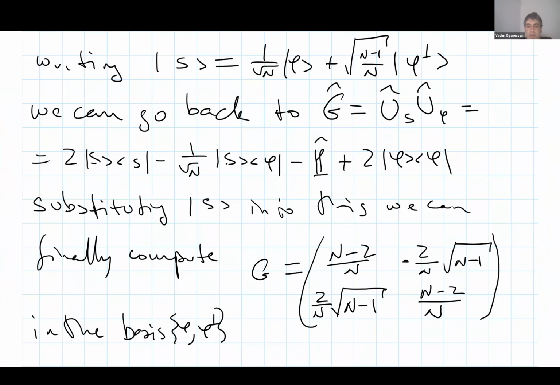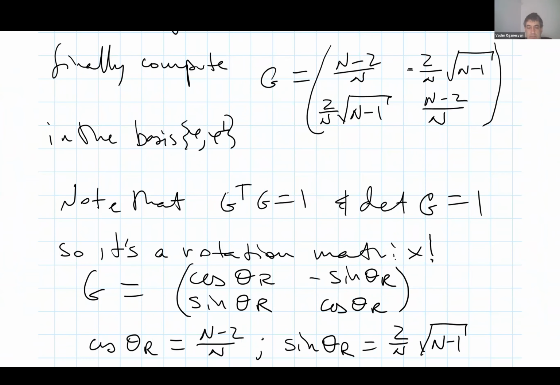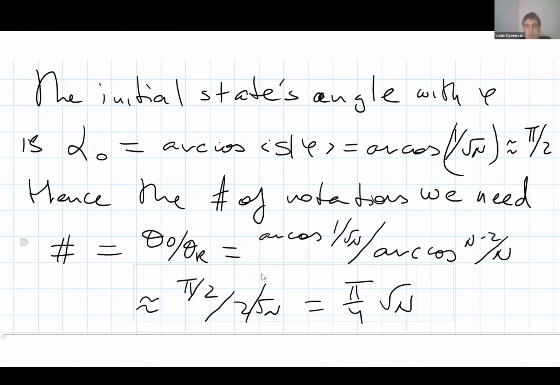Okay. And we're done. Literally done. Because theta naught is, as I said, arc cosine S dot phi. It's basically pi over 2. And so the number of rotations we need is theta naught divided by theta r.